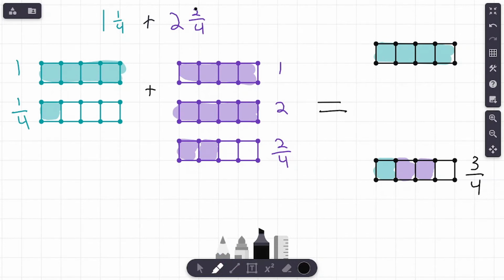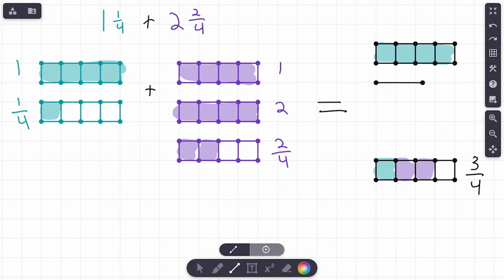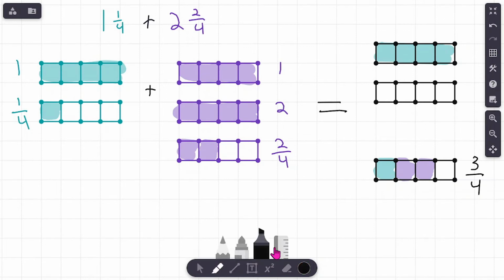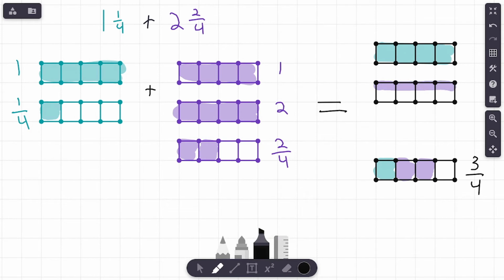Now for the mixed number 2 2/4, there were 2 wholes. So I need to draw, whoops, change my color to black. I need to represent 2 wholes, excuse me. I'm all over the place right now, people. That's why I'm drawing this first one, and I need to shade it in purple to represent 2 2/4.